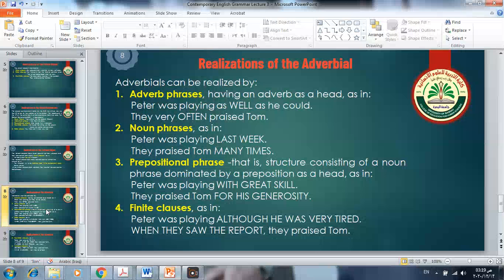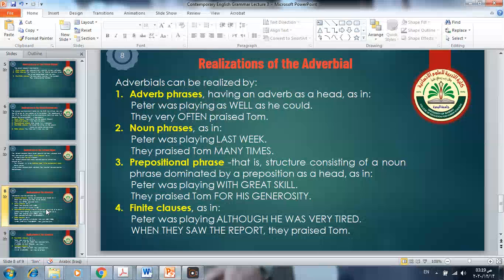Number three, prepositional phrase. That is, a structure consisting of a noun phrase dominated by a preposition as a head, as in, Peter was playing with great skill. They praised Tom for his generosity. So as you see, with great skill is the prepositional phrase which functions as an adverbial.